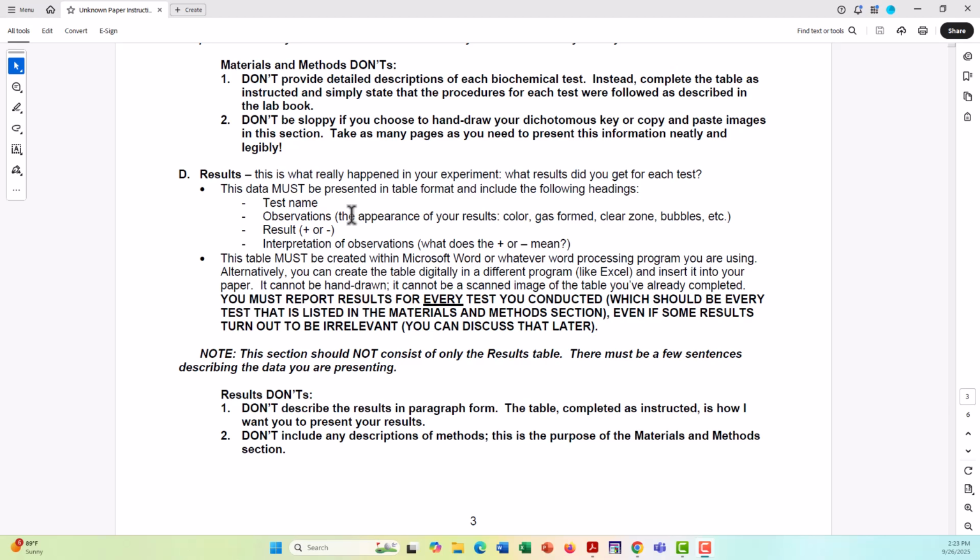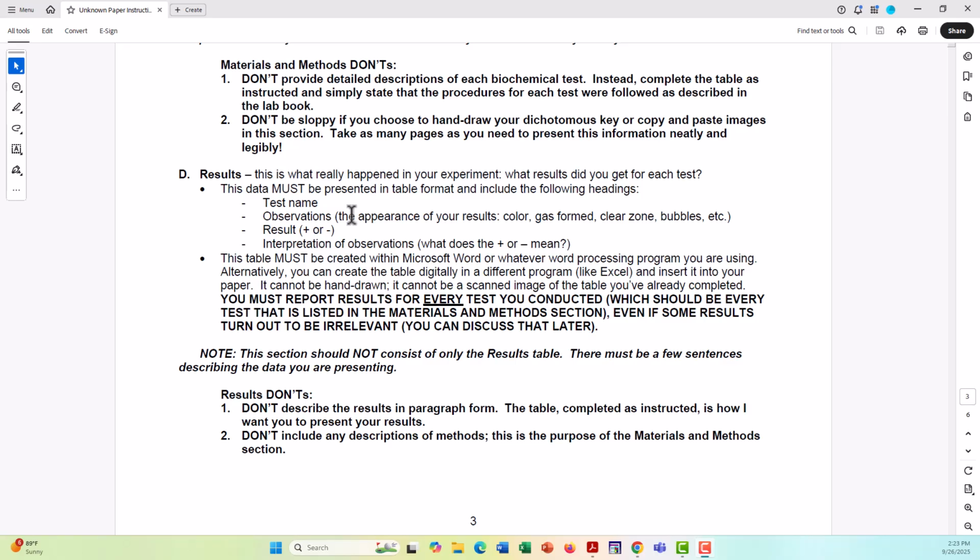Interpretation: if your phenol red lactose tube was yellow and had gas, you have an AG positive test result. What does that mean? That means that your bacteria was able to ferment the lactose in the tube and it produced gas as a result.